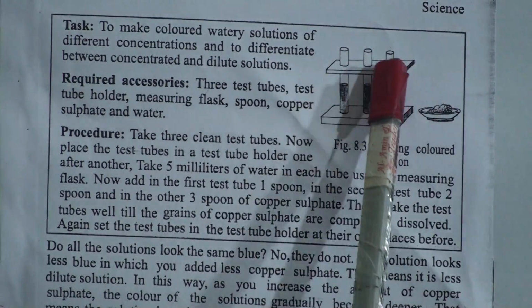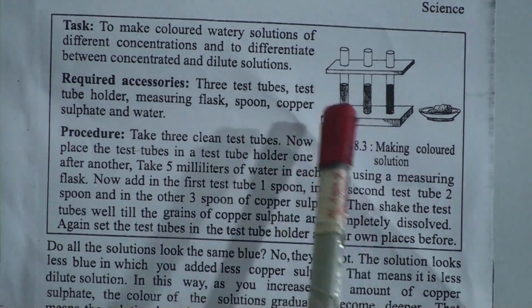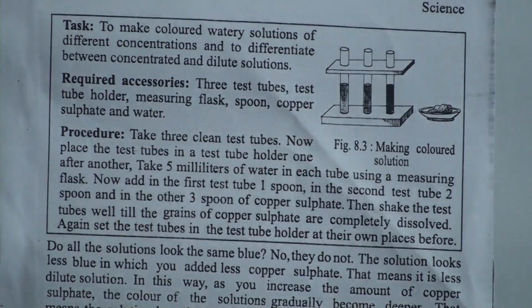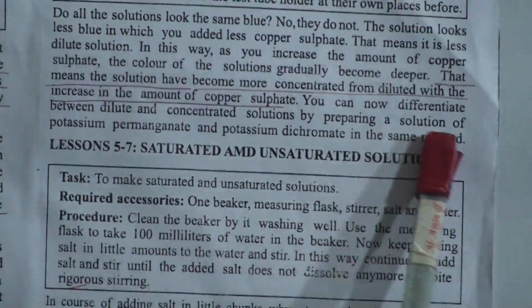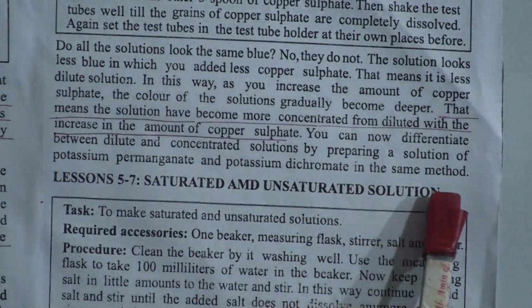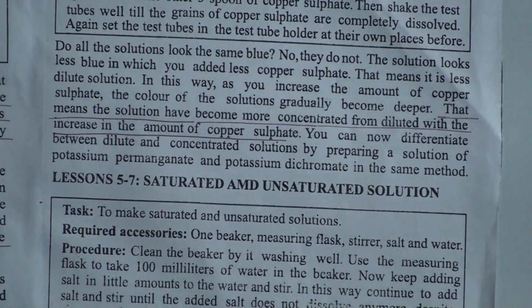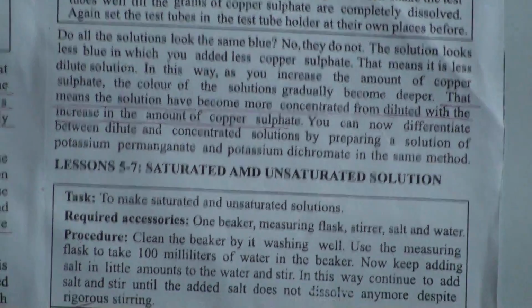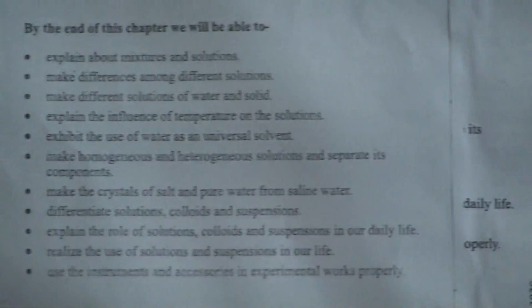So the concentration of the solution depends on the solute which is added. You can now differentiate between dilute and concentrated solution by preparing a solution of potassium permanganate and potassium dichromate in the same method.